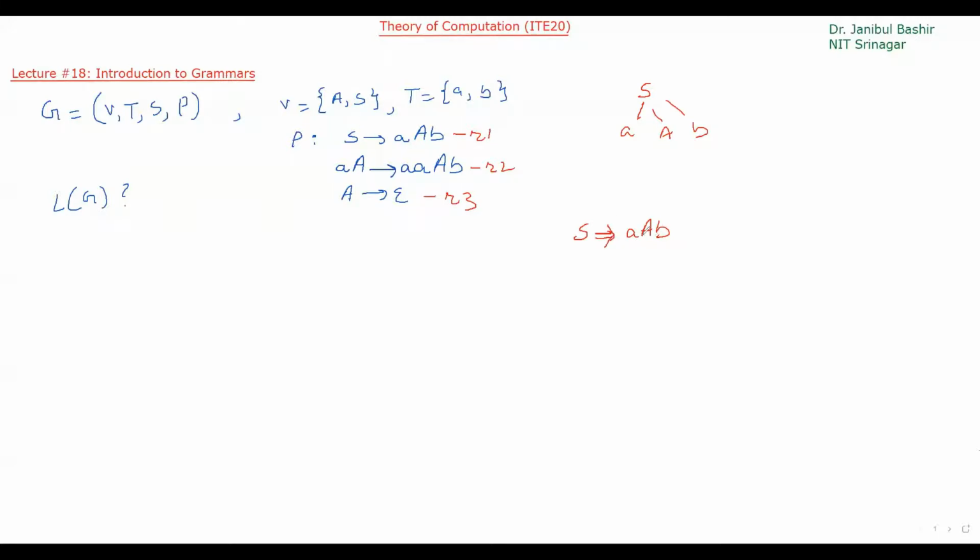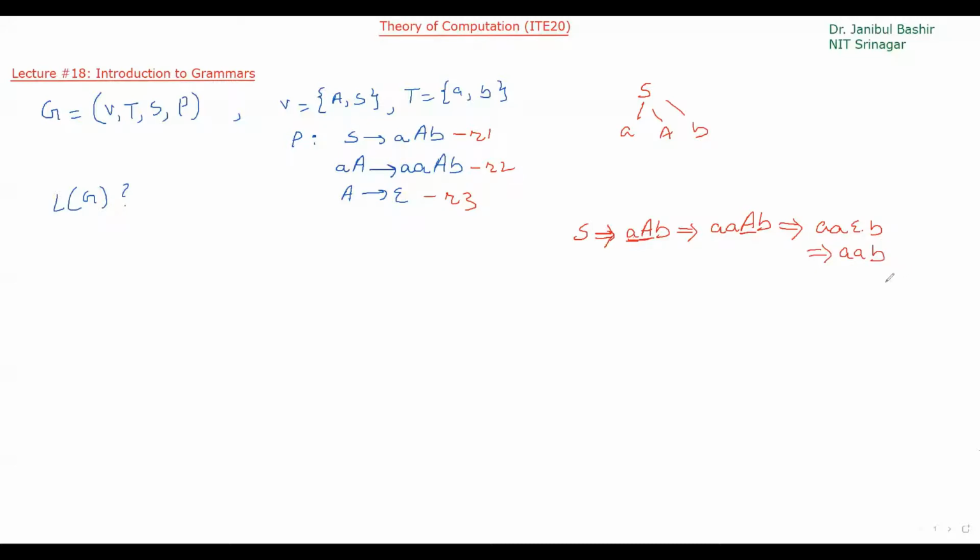S derives aAb using rule 1. Now this derives, so for A, I can use rule 2. So for A, I can write aA, so aaAb. Now let's suppose for this A, I can write epsilon. So it will be aa epsilon b, so it will be aab.